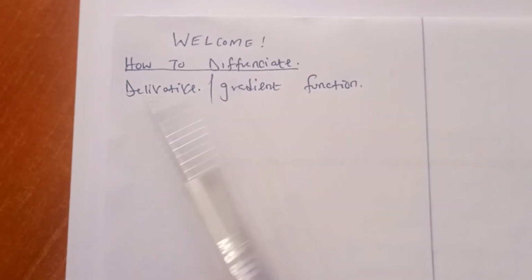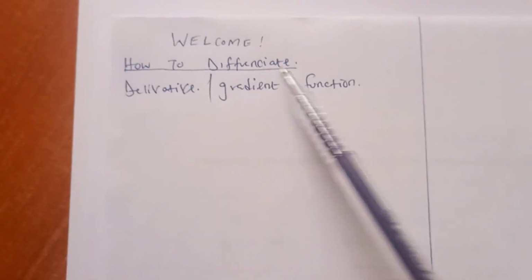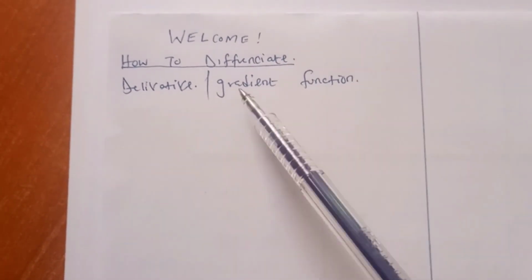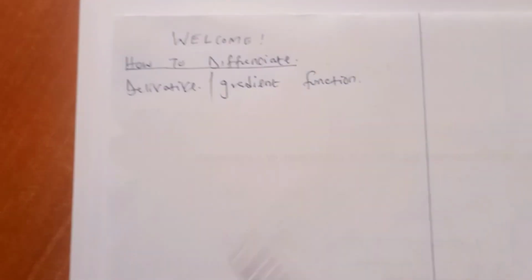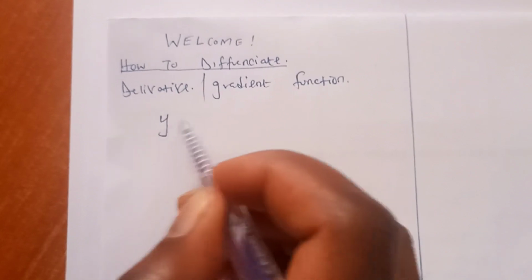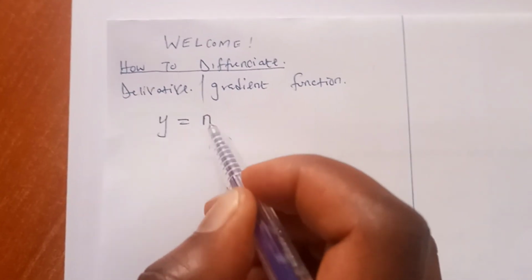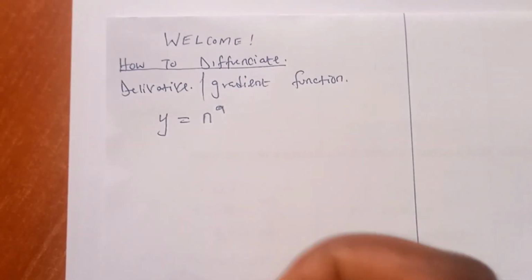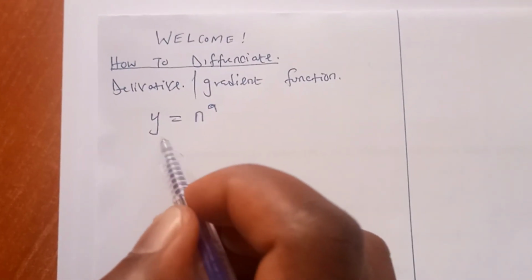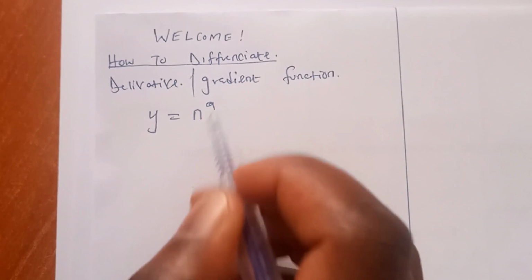For example, we talk about the derivative or the gradient function when you are finding or differentiating the function of y. For example, y is equal to x to power n. So we are supposed to multiply n by the coefficient of x, which for this case is 1.